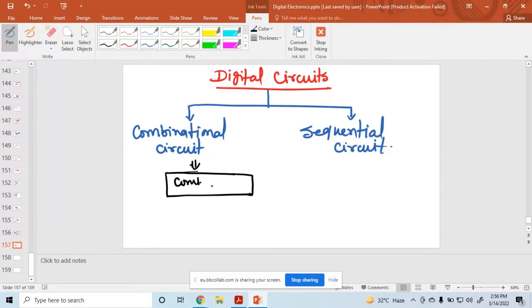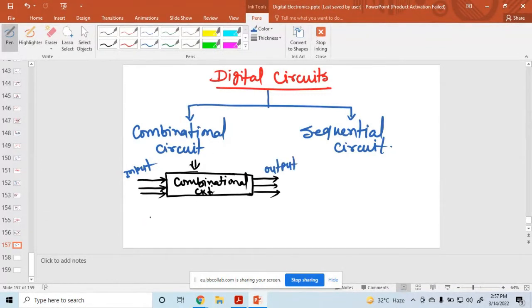Combinational circuit. Suppose that A, B, and C like this one. So different number of inputs and having different outputs. This section is called the input side, and this one is the output.